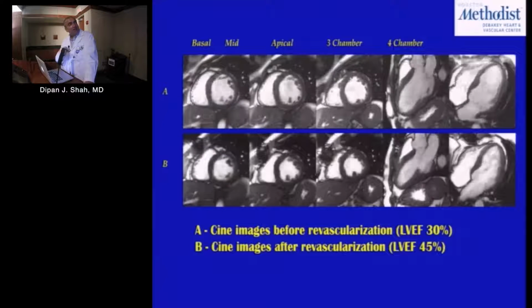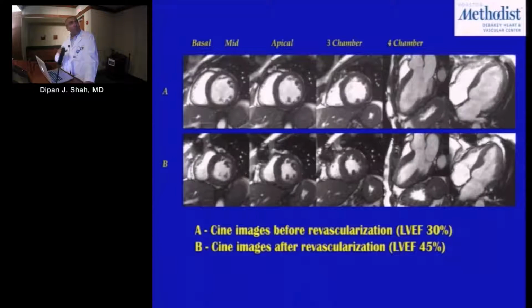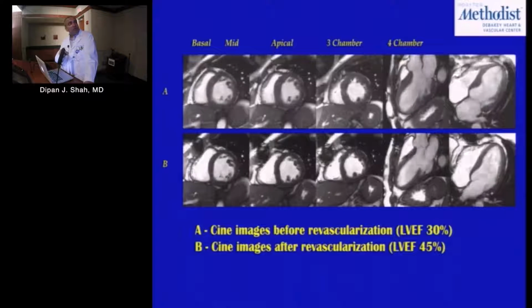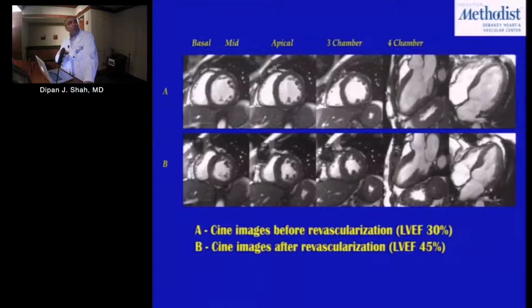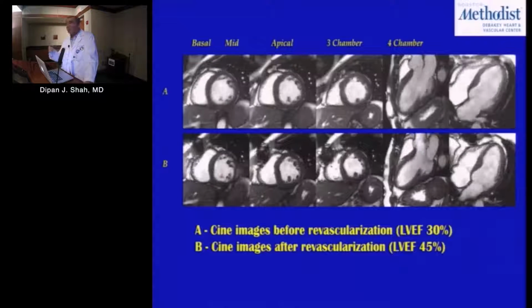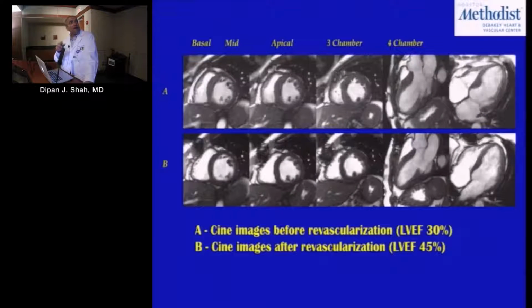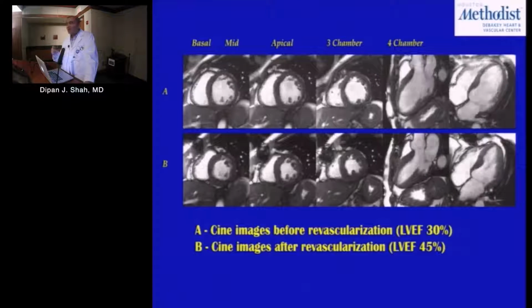But in this patient, from an overall ejection fraction standpoint, the EF improved from 30 to 45%, driven primarily by that lateral wall as well as the septal wall, areas that didn't show any evidence of hyperenhancement on the pre-revascularization scan.